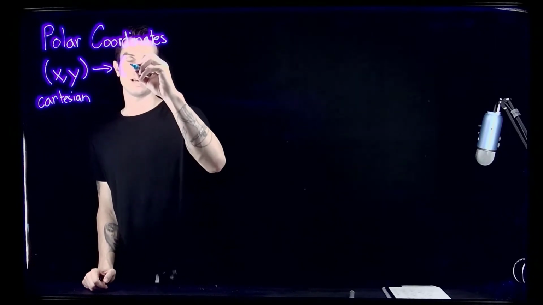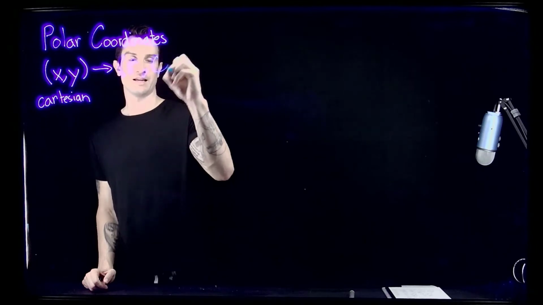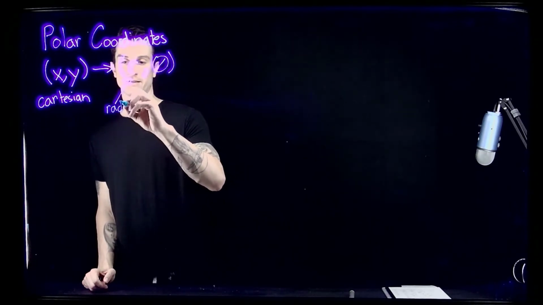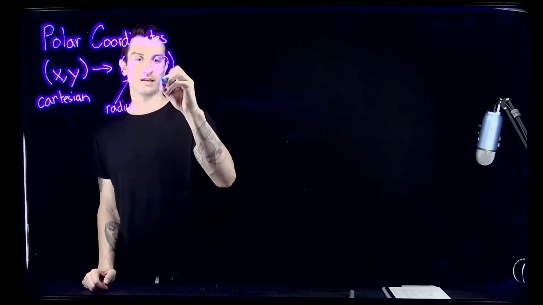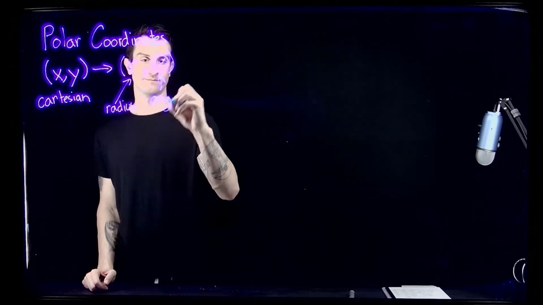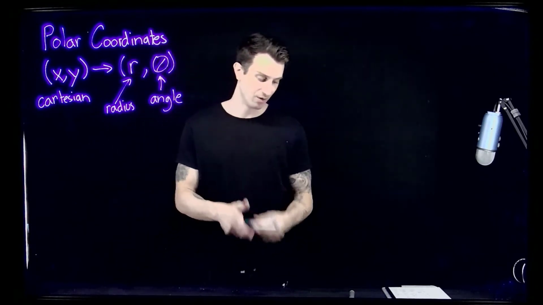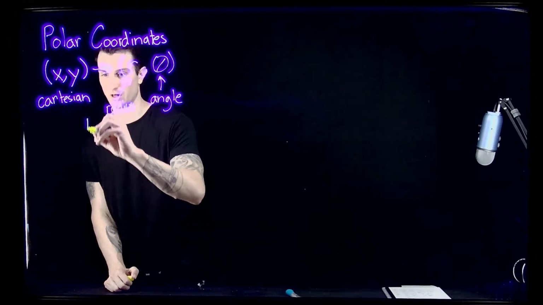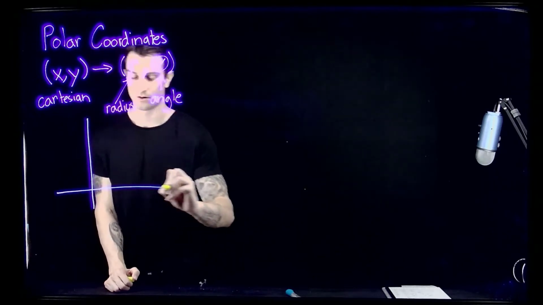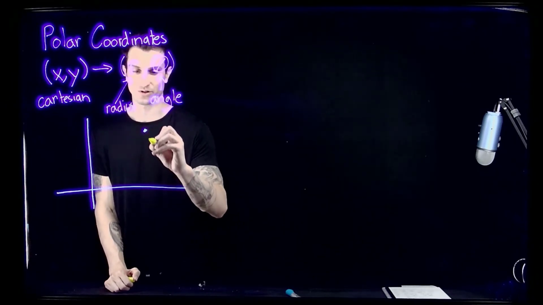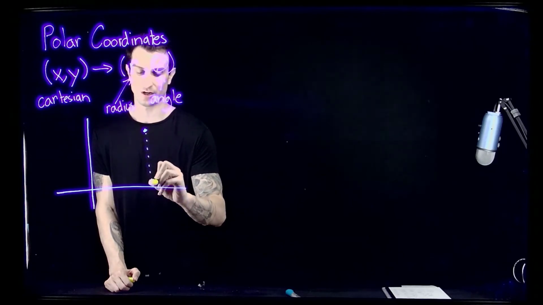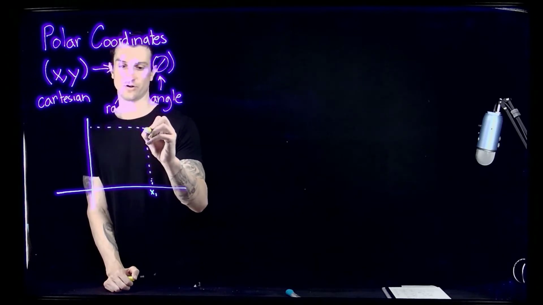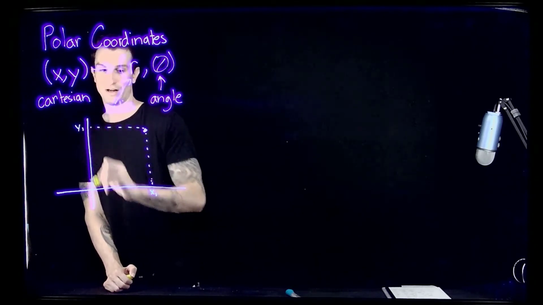Now polar coordinates have an r and an angle. So r is for radius and theta is for the angle. Just to get a visual representation of what I'm referring to, let's just do quadrant 1 here. If I have a point in space, of course this has some x value associated with it, we'll just call this little x1, and some y value, y1.